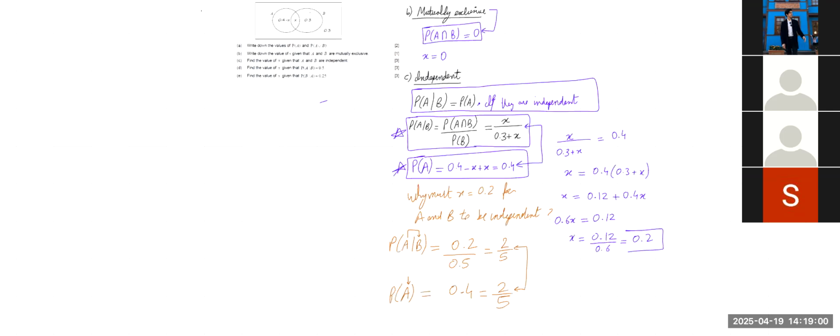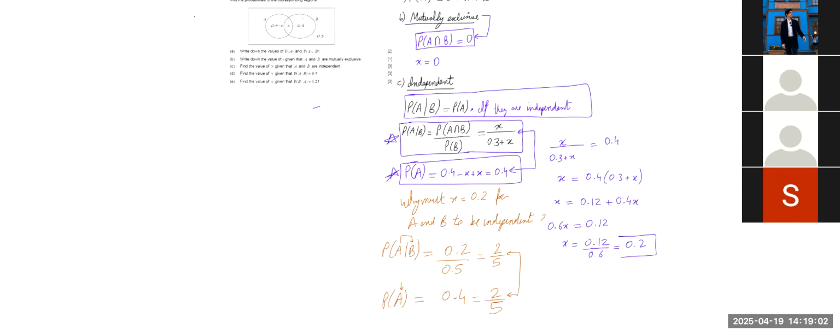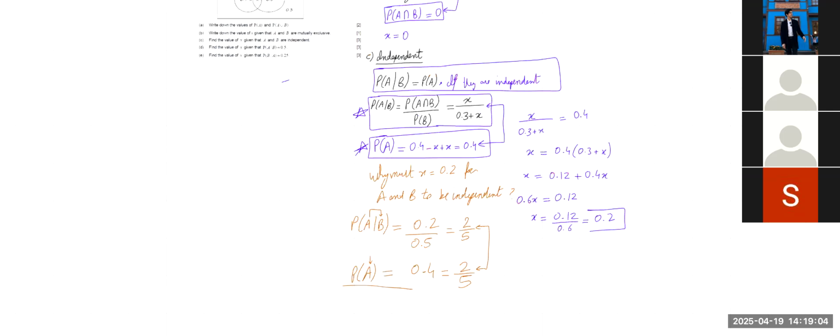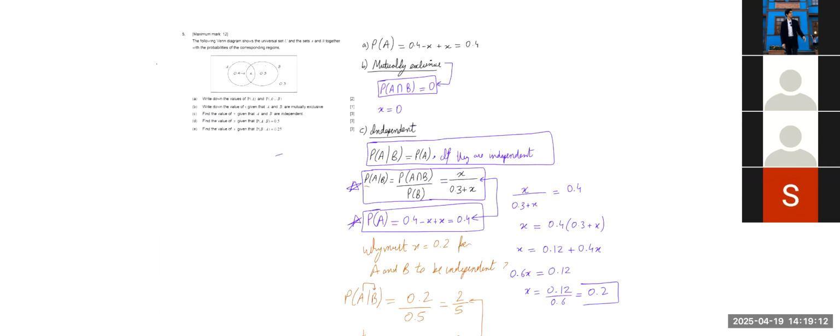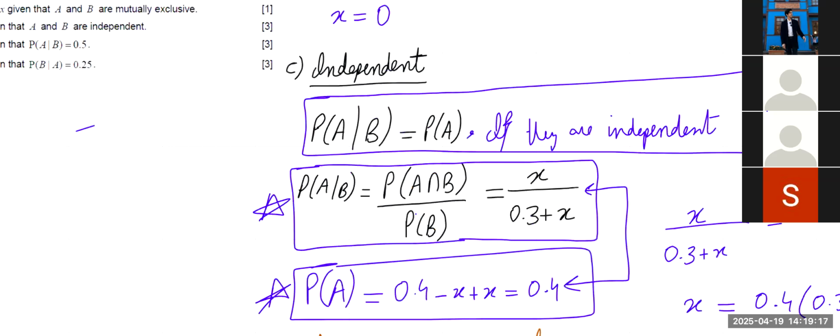Yeah, kind of. Okay, so to check for independence of two events, find the conditional probability. For example, if the two events are A and B, find the probability of A happening given that B has occurred by using this formula. That's step one.